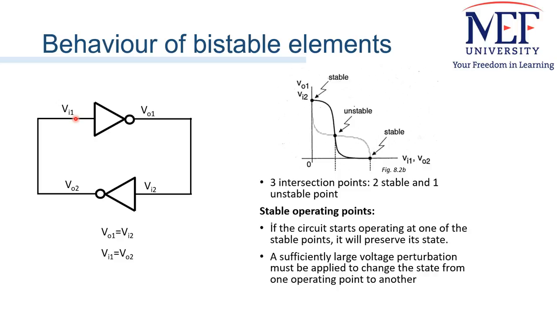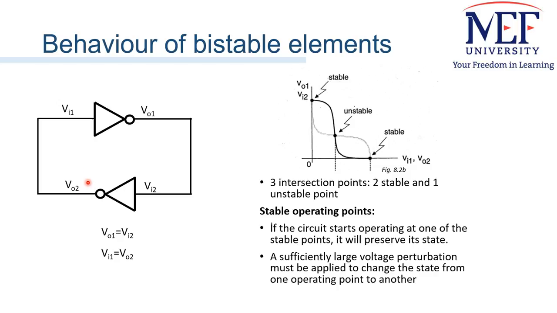When this point is 1, the output of the inverter will be 0. When the input of this inverter is 0, the output is 1, this point will be 1, and the output of the second inverter will be 0.